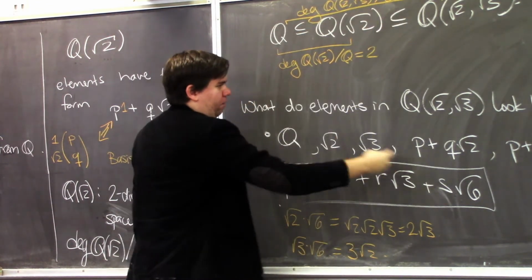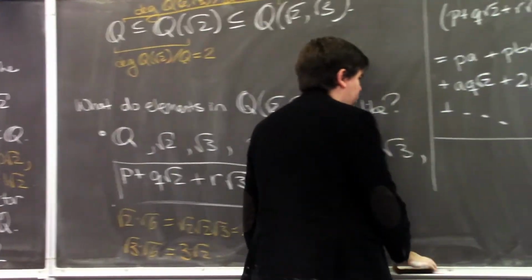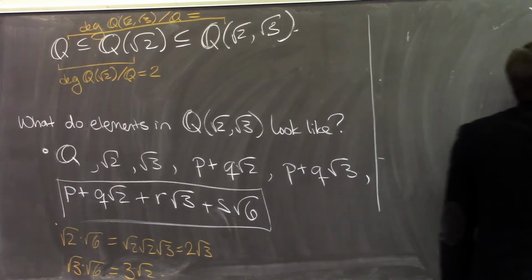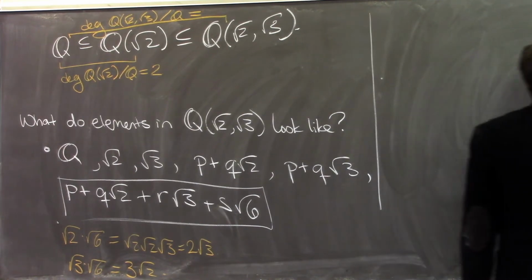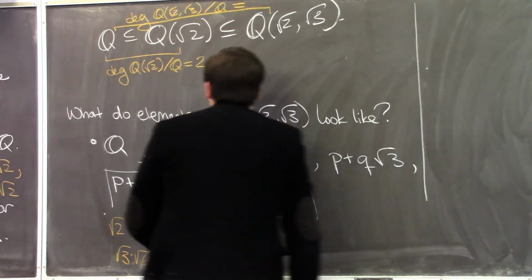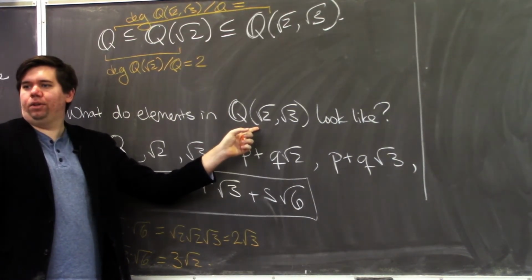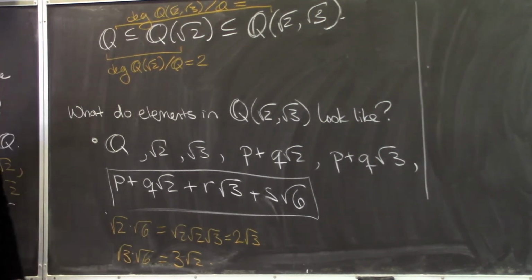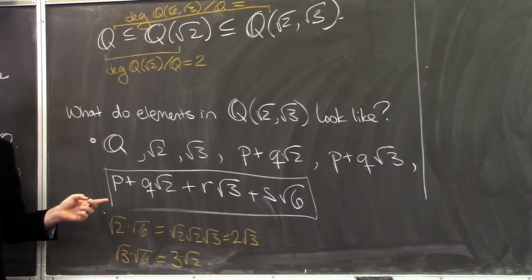What is the degree of this as a vector space over Q? Like, what are your basis elements?